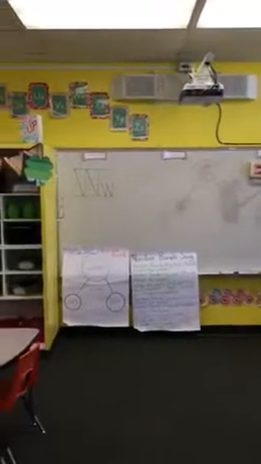Our technology area. And you can sort of see where each specific content area is centered or focused as I tour around my classroom, just so you have a general idea of my classroom.